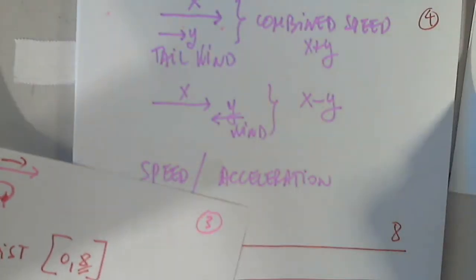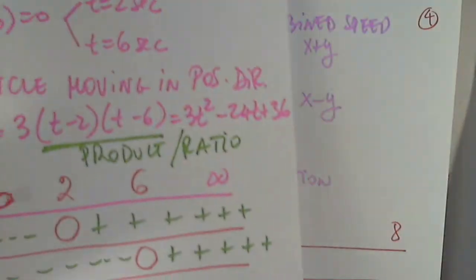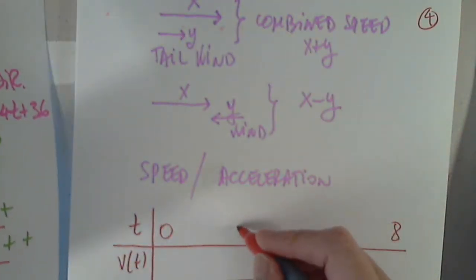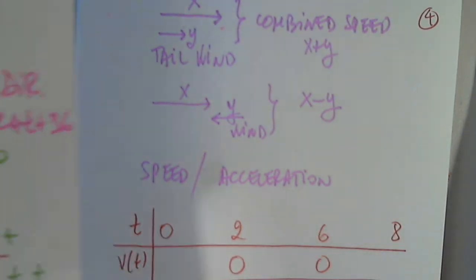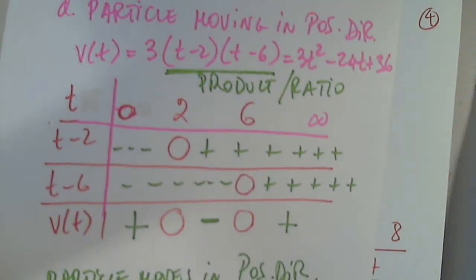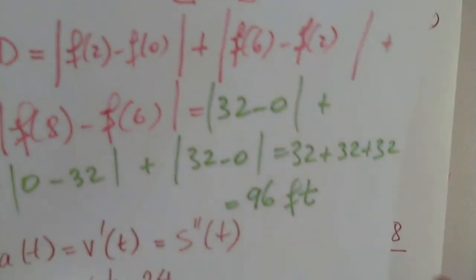We already know, because we studied the sign of the velocity already, that at 2 and 6 the velocity is 0. I'm just copying it from here. It's positive, it's negative, and it's positive. That's done. But now I have to study the acceleration.